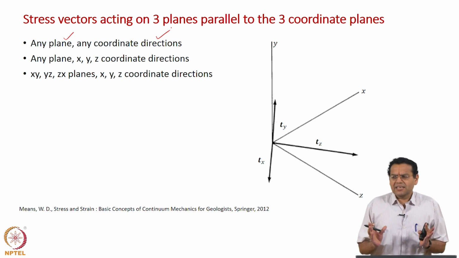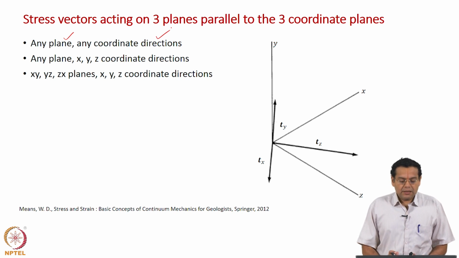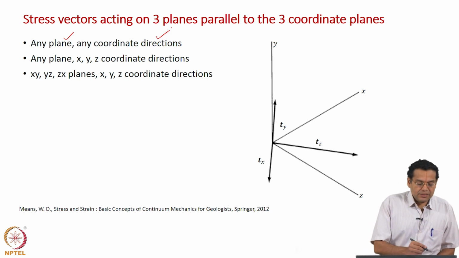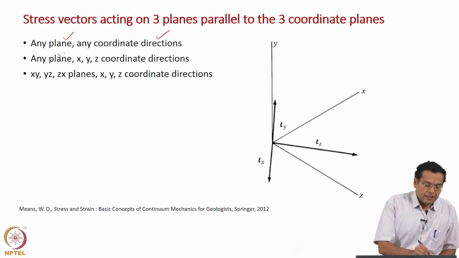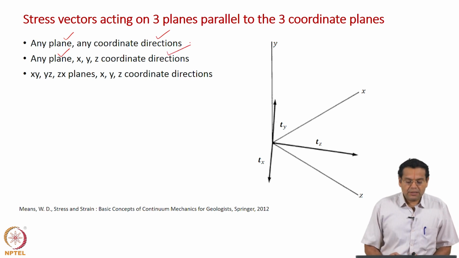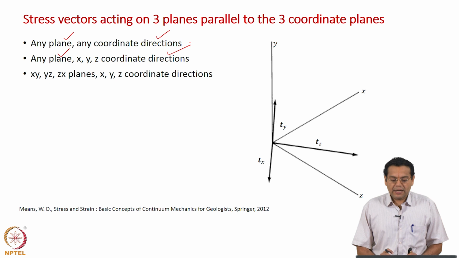That is very generic, very difficult to handle. We want some form of uniformity, some form of generalization, some way of representing in a universal way. That is why we said we will consider any plane, but we will resolve along x, y, z coordinate direction, becomes a little bit simpler to handle.